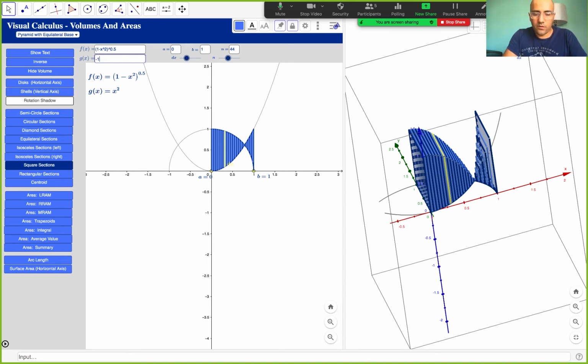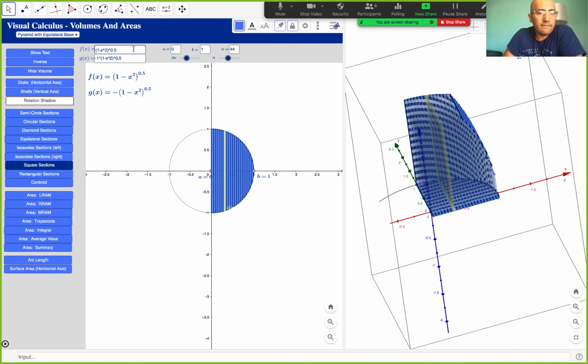I want -1 times, and then we have 1 minus x to the second power to the 0.5. Yes, okay, so we got ourselves a nice pretty circle, and we're doing rectangles on it, and we want to go from -1 to +1.